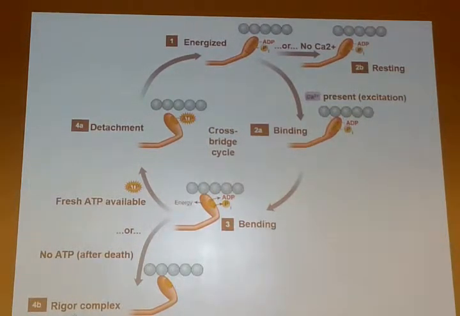Usually rigor sets in a few hours after death, after ATP has been consumed, and then the calcium channels start to open, and then you have the cross bridge formation. The rigor sticks around until the proteins of actin and the proteins of myosin decompose. So the forensic scientists know that if rigor is there, death was a couple hours prior.